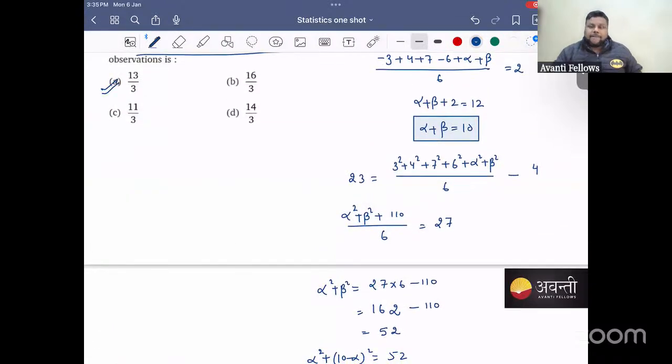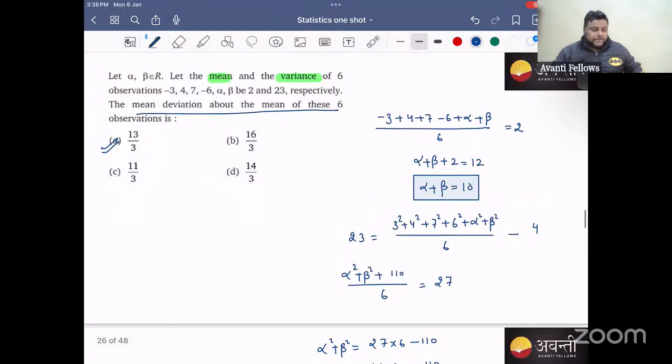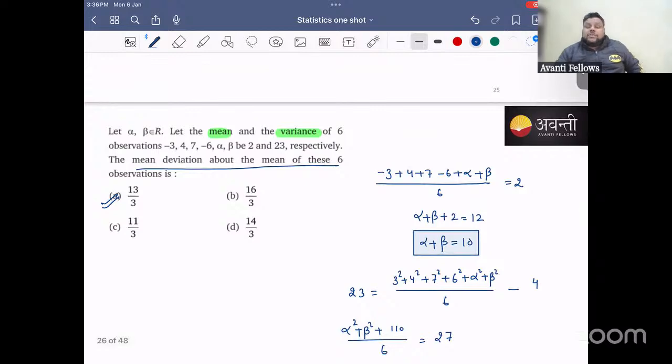This is your answer. Understood? Am I clear? This is how we do it. This question is from JEE 2024, this year only.